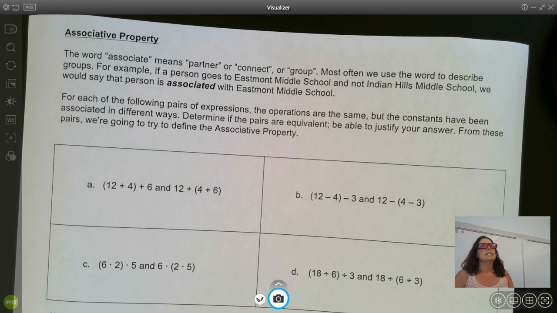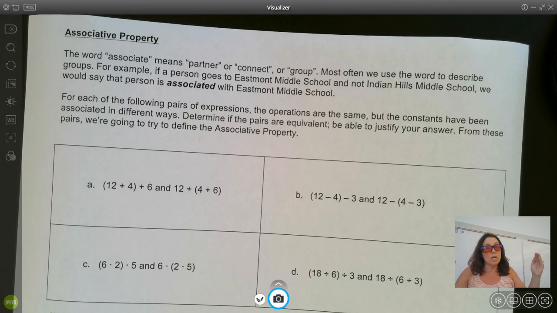Okay, it's important to understand this concept. Let's say that you have two friends, Juan and Sal. So you go pick up Juan in your car. Together, you go pick up Sal.